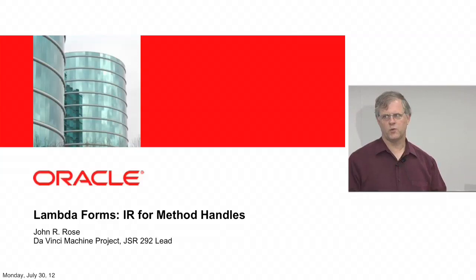I expect this will be of deep interest to some of you and perhaps only academic interest to the rest, but I hope to make it an interesting case study in optimization and refactoring. The other thing that might be useful about this is that although it's hotspot specific, I've made an attempt to do something that serves much better than JDK7 as a reference implementation for JSR 292 for method handles and invokedynamic.